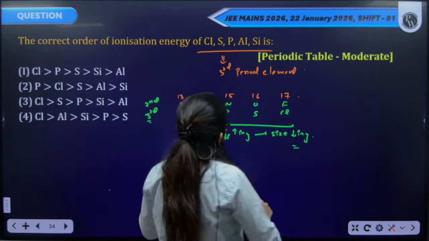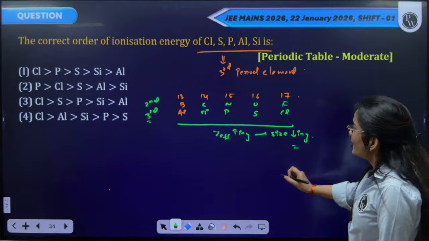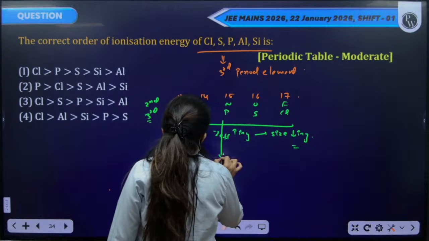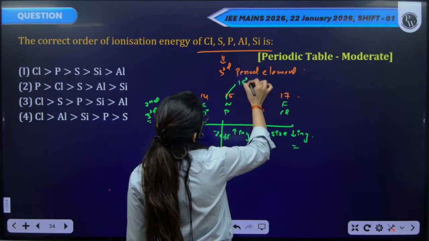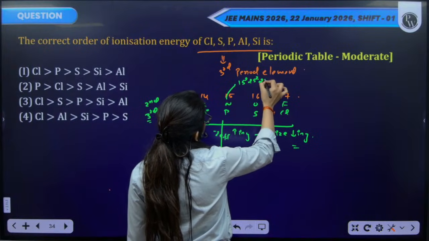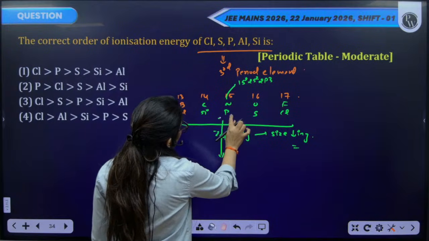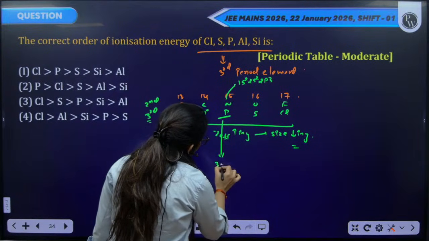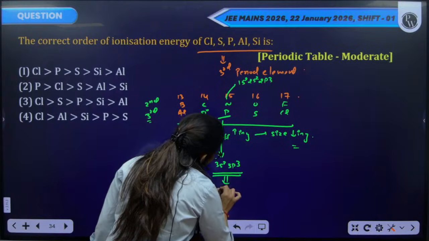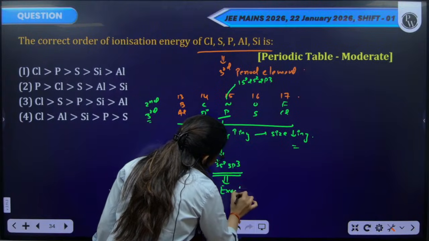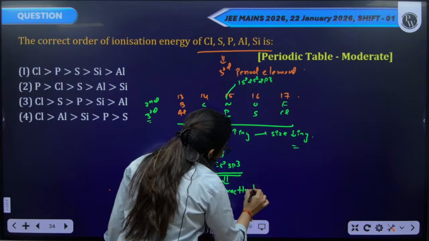Okay, but here you will see one problem. If I talk about the configuration of nitrogen, it will be 1s2 2s2 2p3. Okay, similarly if I talk about the phosphorus configuration, it will be 3s2 3p3. Okay, you can see it is having exactly half filled configuration.